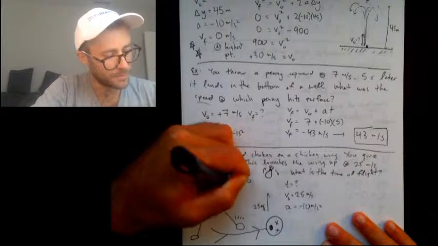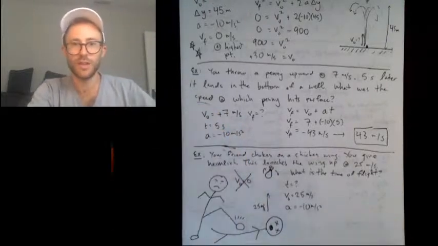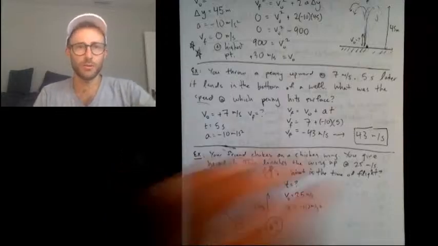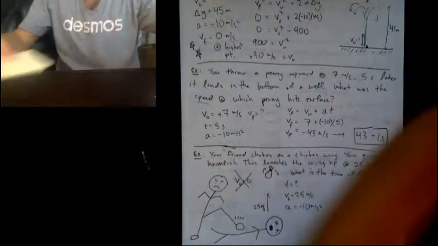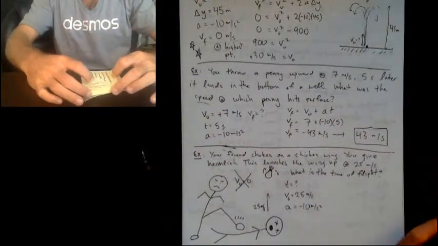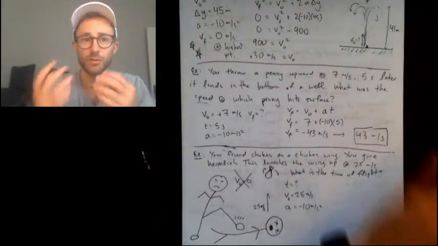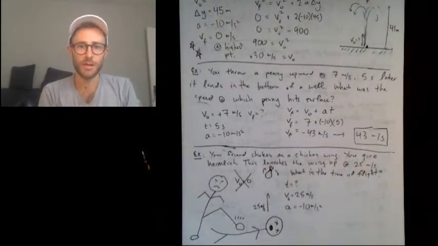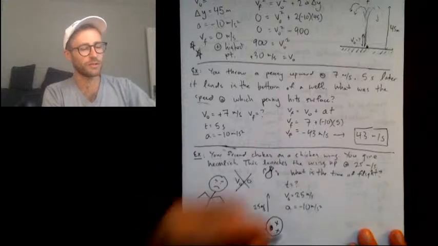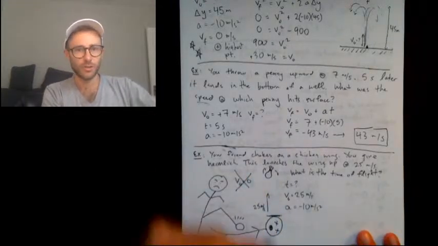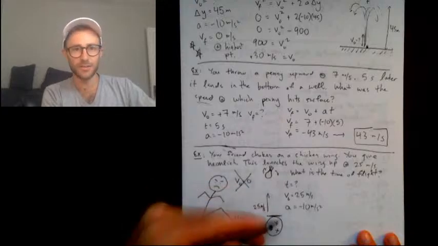No. Do not say that. Okay? What would it mean for the final velocity to be 0? That would mean that it was just sort of hovering above the ground. Okay? So actually, the way that you want to solve this problem is you want to say, well, the chicken wing started at this elevation, and it goes up and it comes back down, and it ends at that elevation.